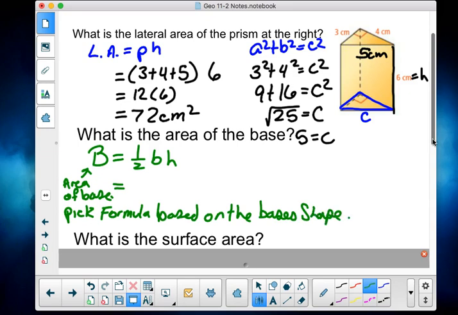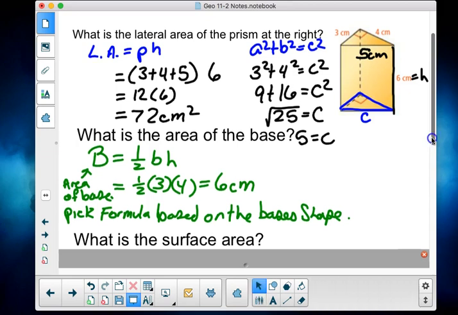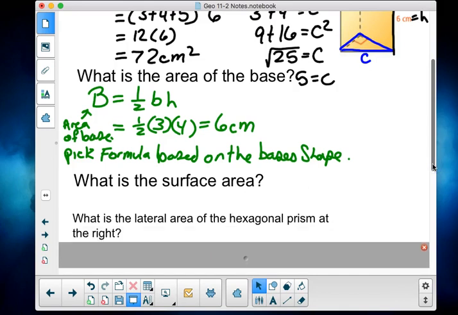Now, in this case, the base shape is a triangle. That's why I picked 1/2 little b times height. So I have 1/2 times 3 times 4 is the area of my base, which happens to be 6 centimeters squared. So there's two bases in here. So I'll be using that in my next part of my formula.